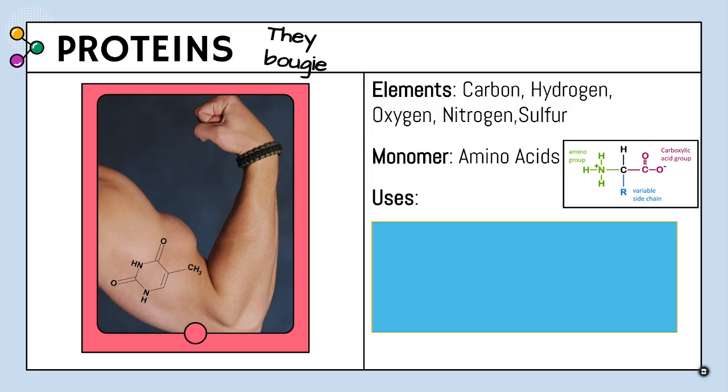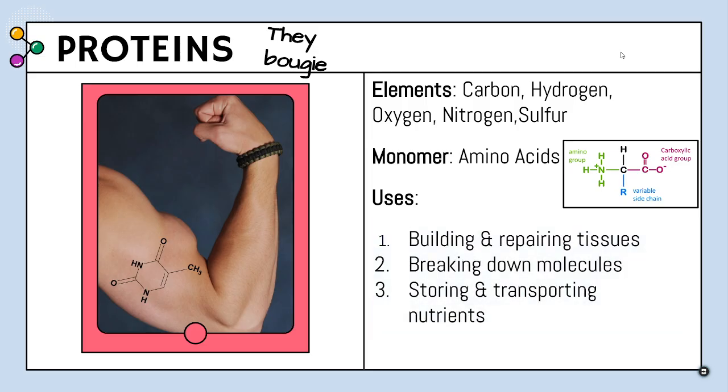So amino acid is my monomer, my individual building block. If I take several amino acids and string them together, that's going to make my protein. And proteins have such a wide variety of uses.